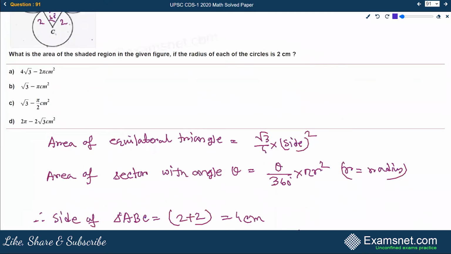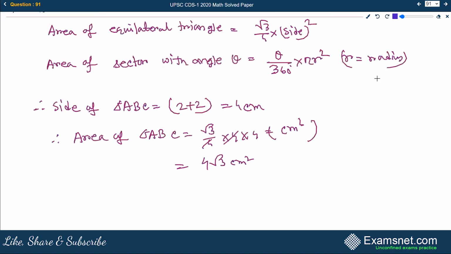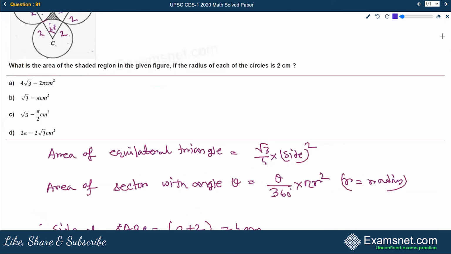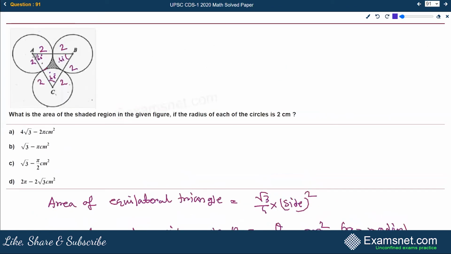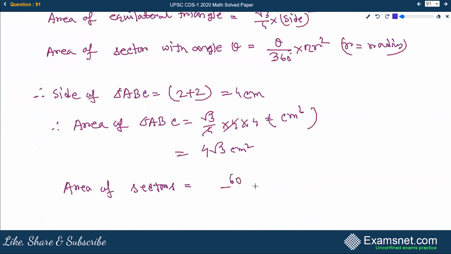Now look at these 3 sectors. We can see there are 3 sectors. So here area of the sectors: first of all, this theta is the central angle. How much is the central angle? 60 degree. So here theta is 60 degree. So 60 degree by 360 multiplied by π, r is 2 whole squared.